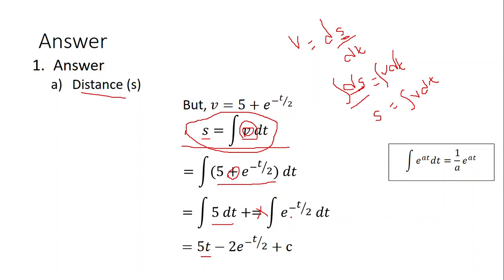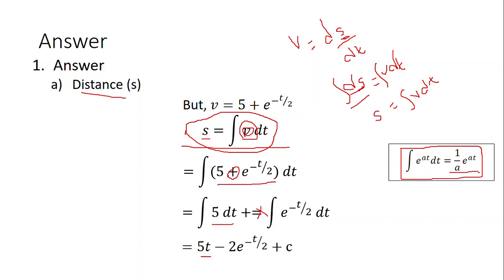If you integrate e to the power minus t divided by 2, we can use one of the rules of integration: the integration of e to the power at dt becomes 1 over a times e to the power at.